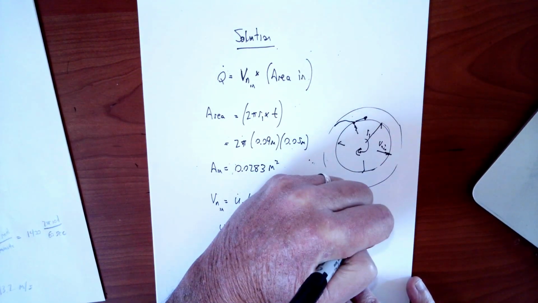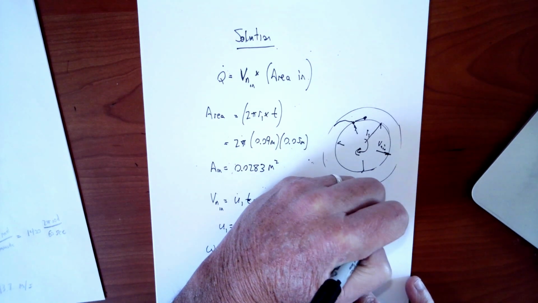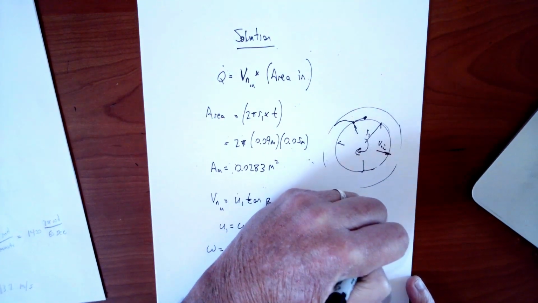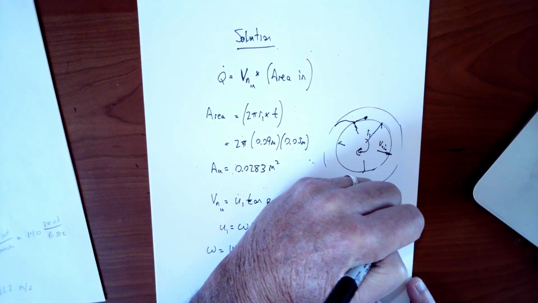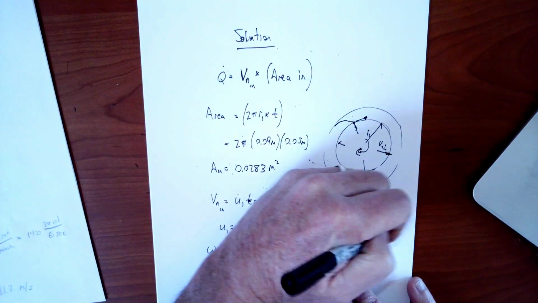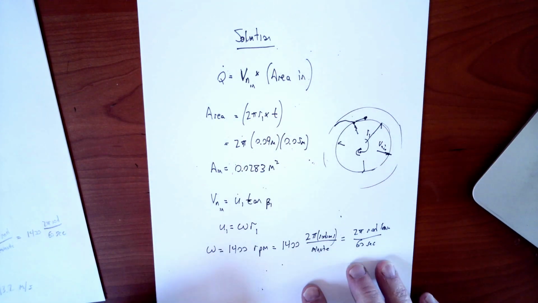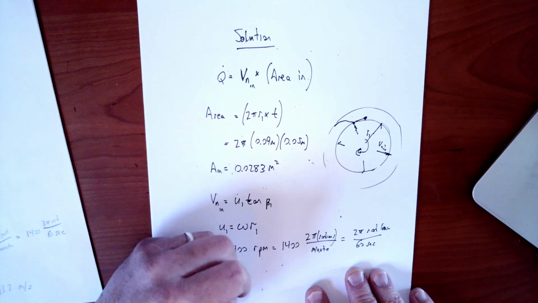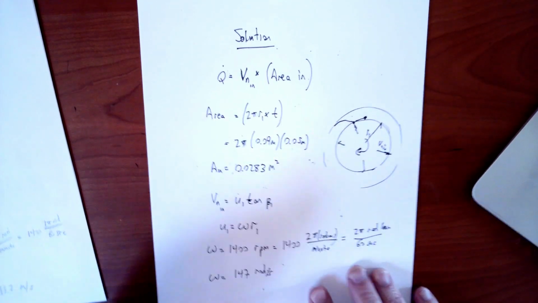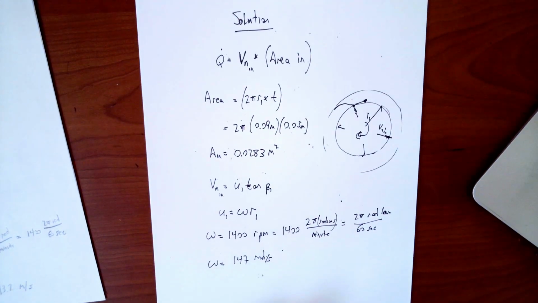I want radians per second. So it's going to be 2 pi radians divided by 60 seconds, the number of seconds in a minute. So these minutes will cancel, and we get that omega is 147 radians per second. 147 radians per second gives me that 1400 RPM.